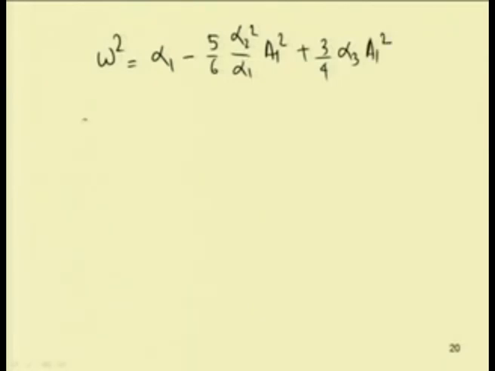Or one can write omega square equal to alpha 1, which is omega 0 square. I can add these two terms. So, by adding this, this becomes 24 alpha 1.